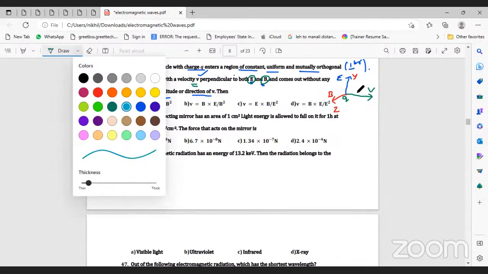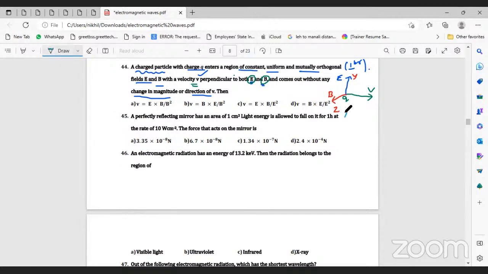The force due to electric field is given by F equals Q into E. Since it is acting along the y-axis, I am going to use J cap, because that electric force is along the y-axis. So this is the force due to electric field.